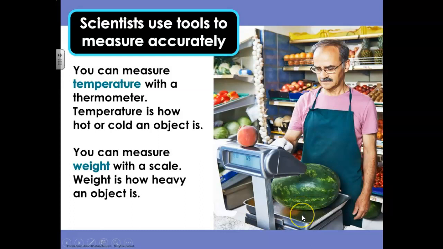If you talk about the weight of an object, you are giving an accurate description of it. When you're able to come up with a number, just like with the girl measuring the boxes, it's a more accurate description of its properties. Your temperature, using a thermometer, gives an accurate description.